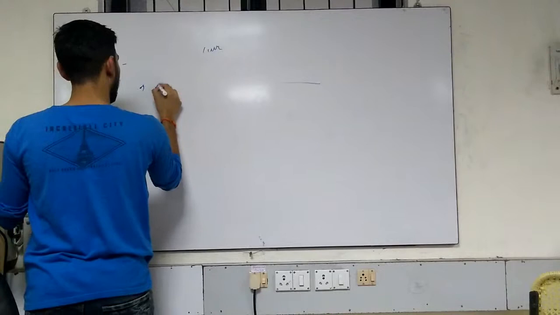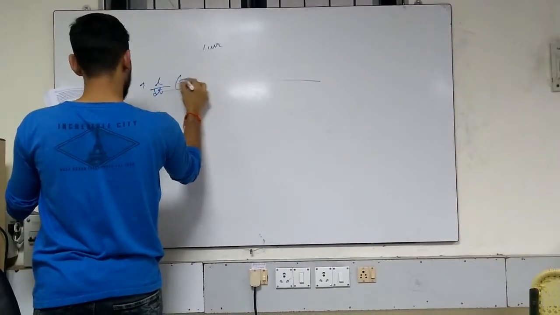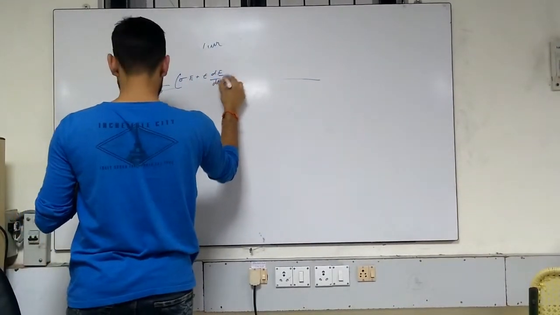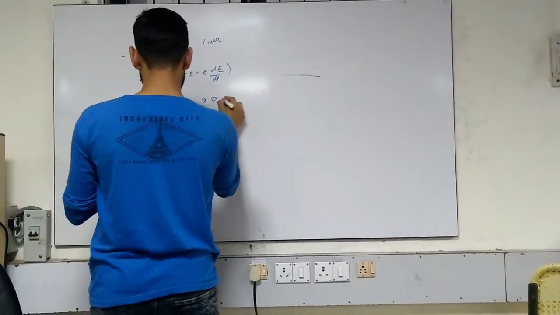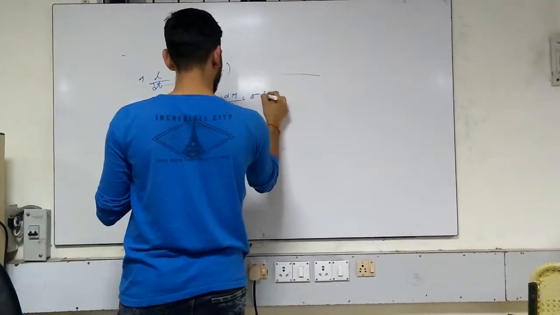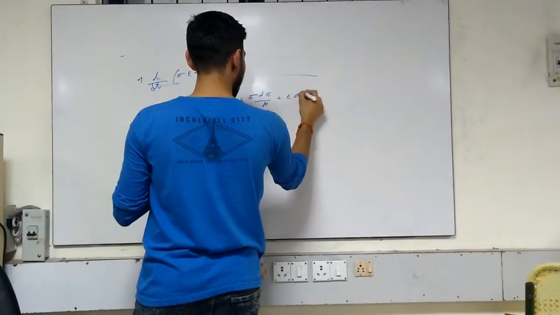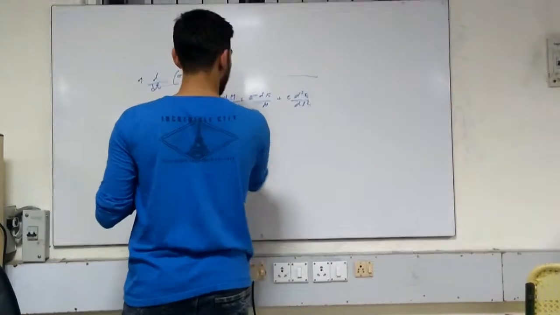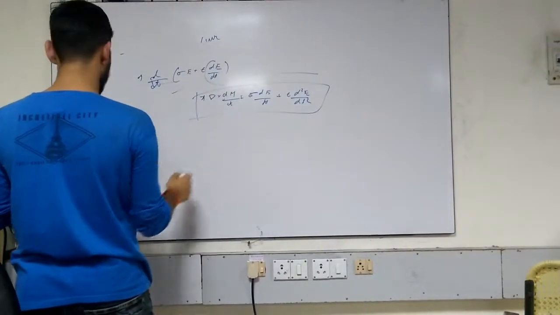Hereafter we can write d by dt taken as common outside, sigma times E plus epsilon times dE by dt. And this can be further written as del cross dH by dt is equal to sigma times dE by dt plus epsilon times d square E by dt square. This was the second differentiation after the first.